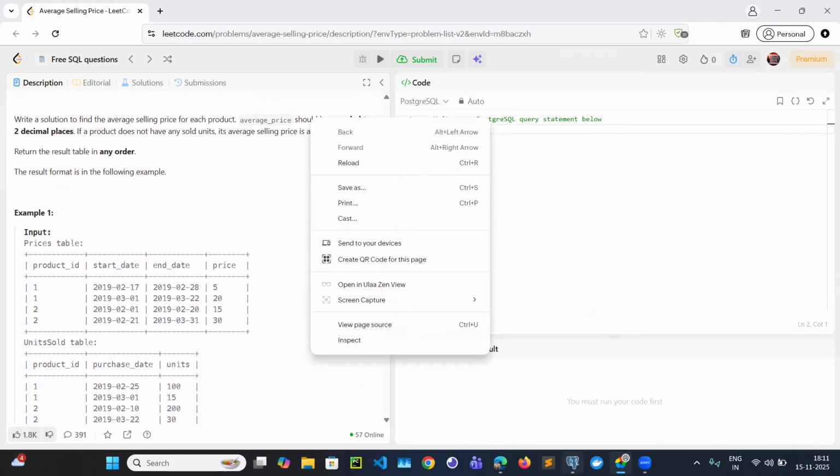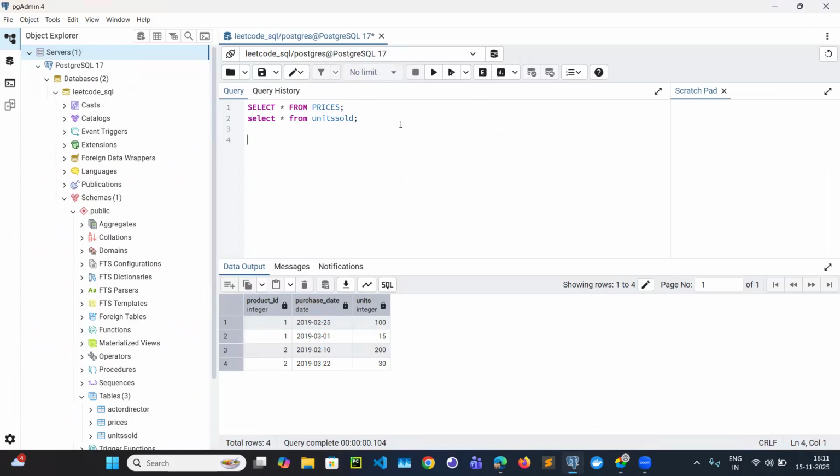Okay, so we need to join those two tables. Let's join that. Select star from prices, join units sold, and let's give prices the alias P and units sold the alias U. And we know we need to apply the left join. Why left join?